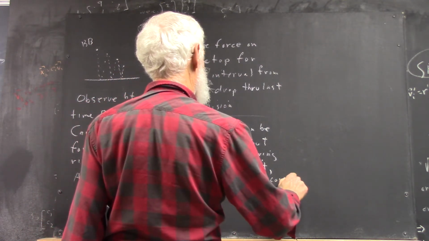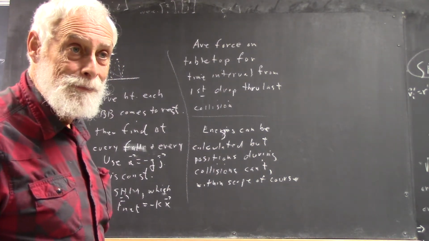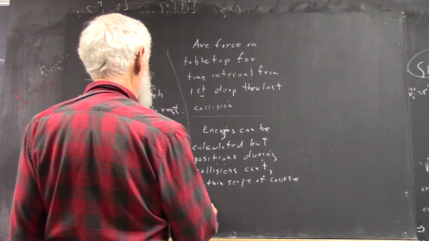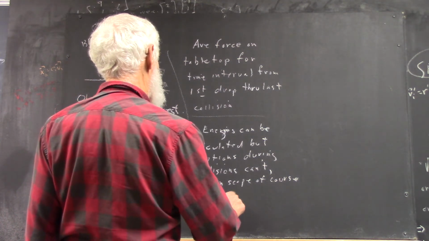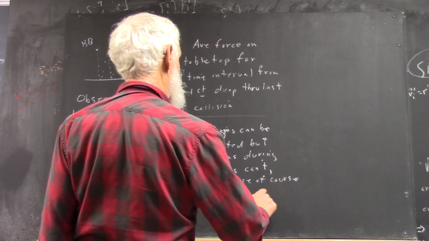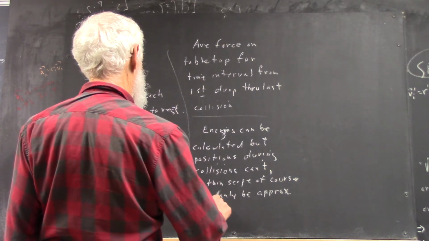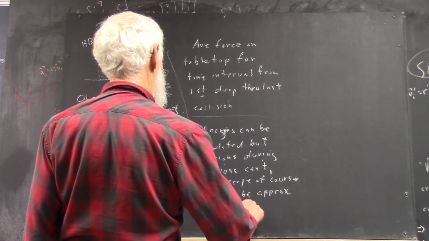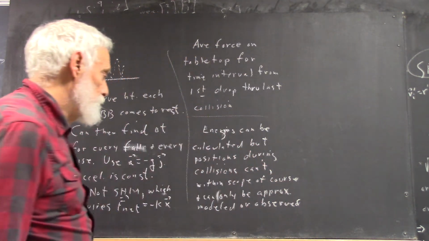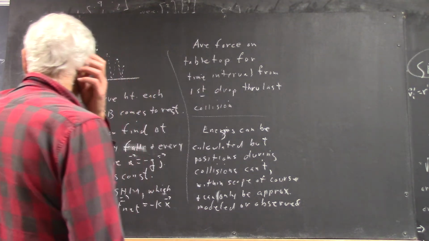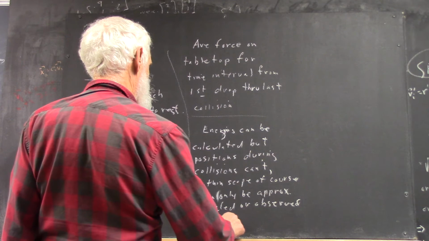So I'll say positions during collisions can't be calculated within the scope of the course and can't accurately be calculated or observed with any method.